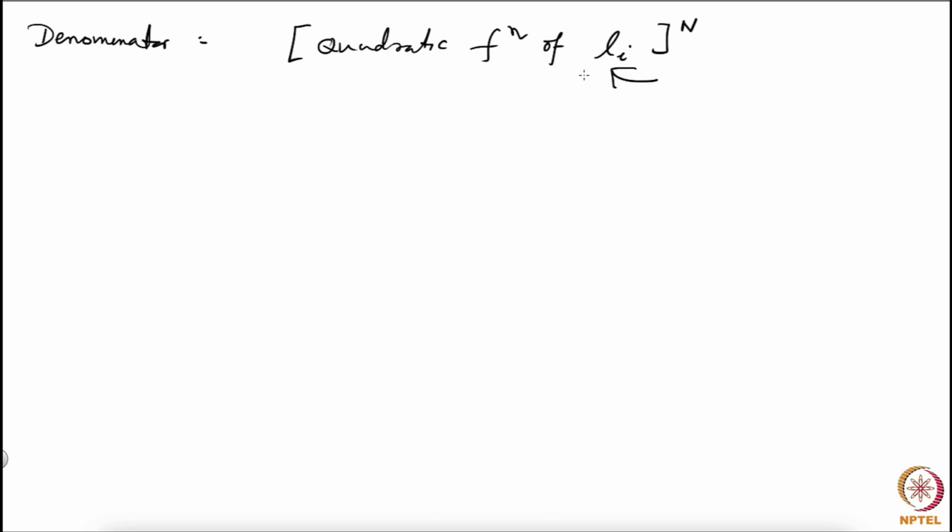So I will just write down the most general form a quadratic function can take. So the denominator is a quadratic function of Li to the power capital N. And we are looking at this. As I said, the degree of this thing is 2, it's a quadratic. I will write down what it looks like then.